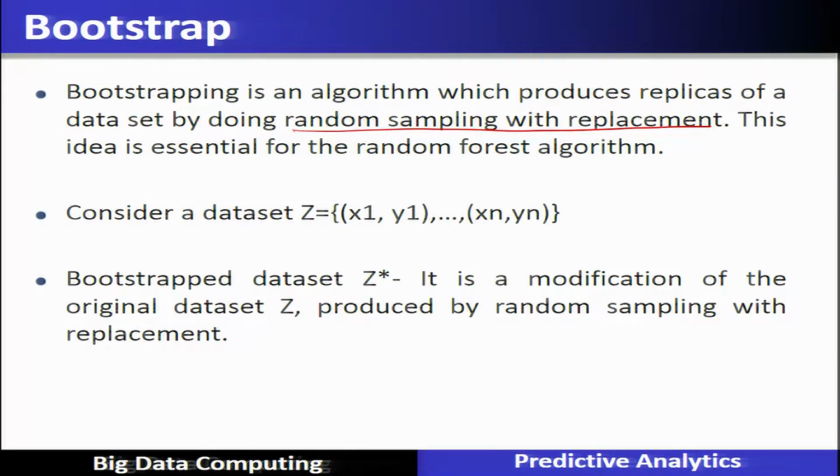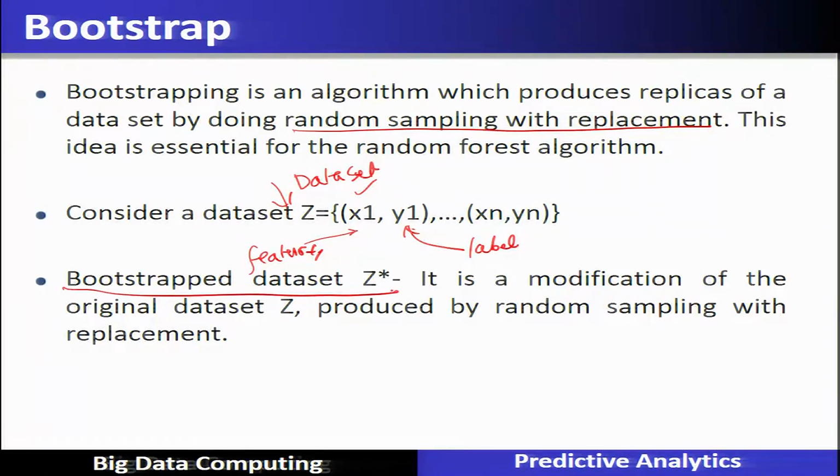Let us consider the data set Z, which consists of x1 and y1. Here x1 is the set of features and y1 is nothing but the labels, and this particular data set is called Z. Out of this data set we can generate another one, called the bootstrap data set.